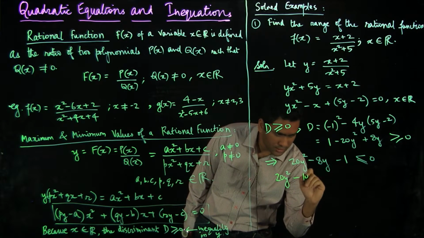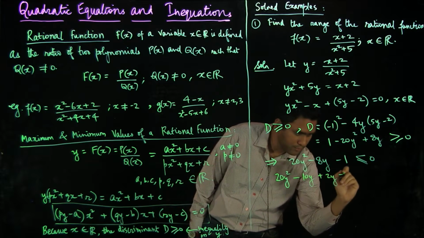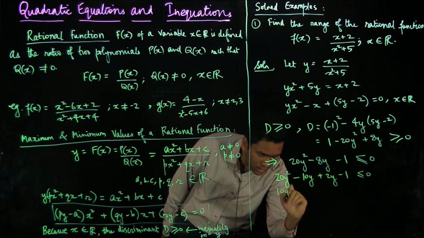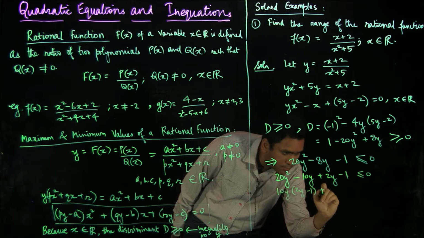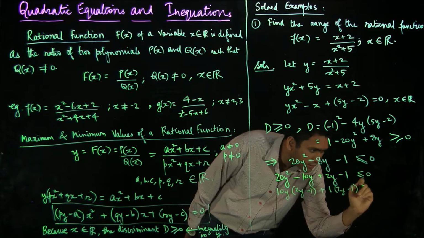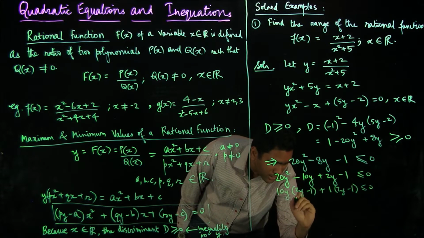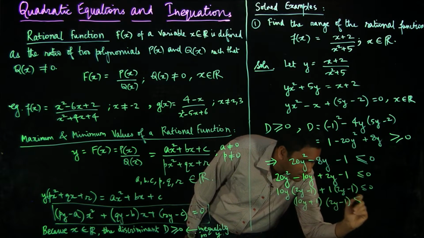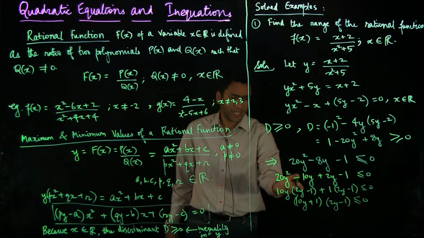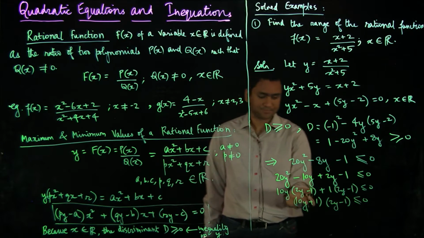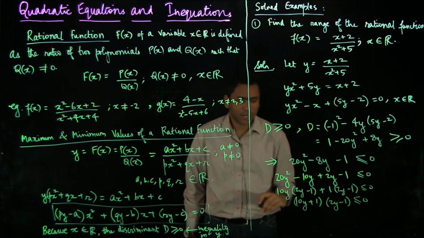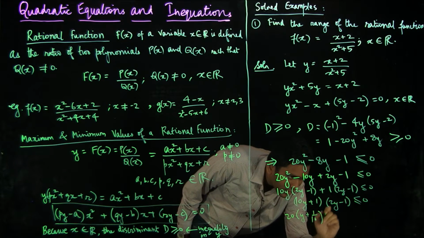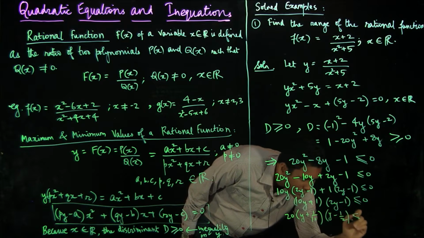So 20y squared minus 10y plus 2y minus 1 is less than or equal to 0. So this means that 10y(2y minus 1) plus 1 times (2y minus 1) is less than or equal to 0. So this would mean that (10y plus 1)(2y minus 1) is less than or equal to 0. So you can take 10 out of the first bracket and 2 out of the second bracket, so that 20 times (y plus 1/10)(y minus 1/2) is less than or equal to 0.